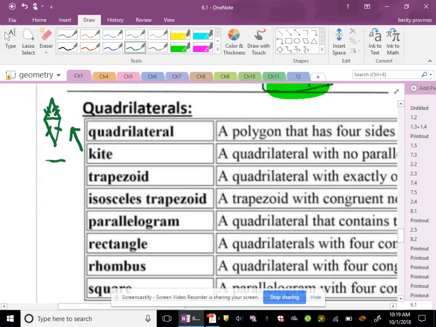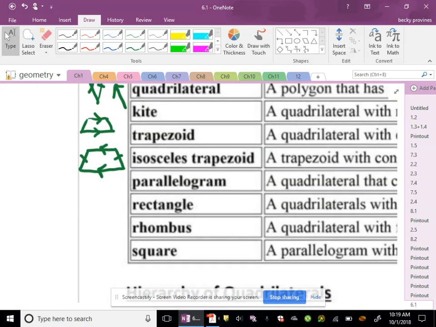Okay, a trapezoid has one set of parallel lines. So it usually looks like that. Now, an isosceles trapezoid has two equal sides. So you would have to know those two sides are equal and you have a different set that is parallel.